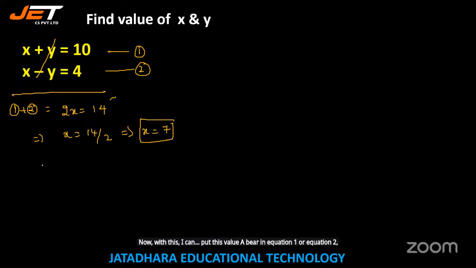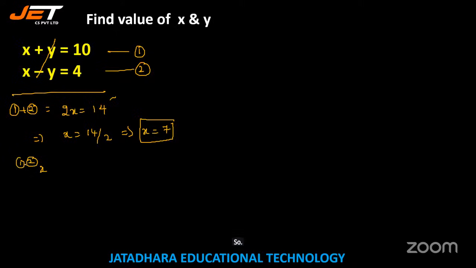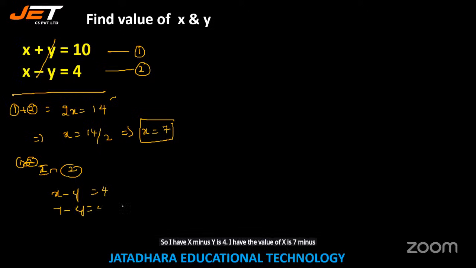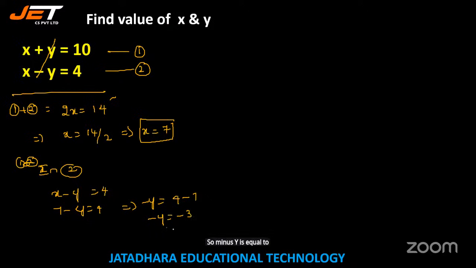Let me put it in equation 2. I have x minus y is 4. With x is 7, 7 minus y is equal to 4, which implies minus y is equal to 4 minus 7, so minus y is equal to minus 3. So y is equal to plus 3. The value of x is 7, y is 3.